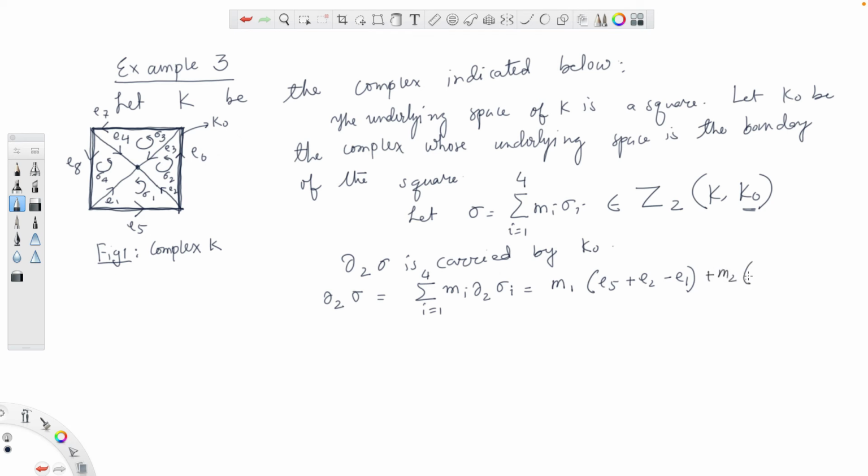And m2 times ∂_2 sigma 2 is E6 plus E3 minus E2, plus m3 ∂_2 sigma 3 is E7 plus E4 minus E3, plus m4 times E8 plus E1 minus E4.